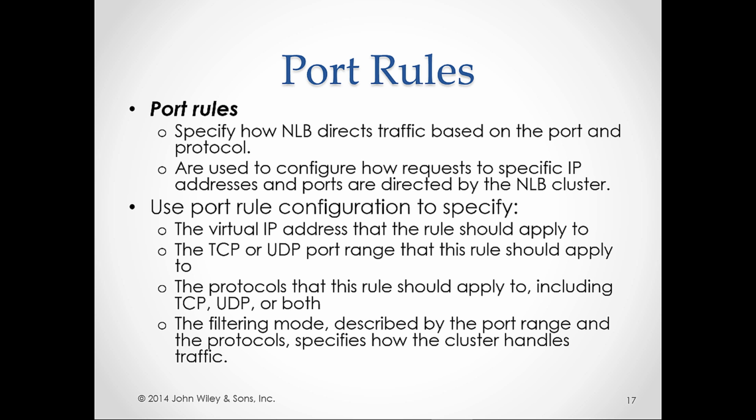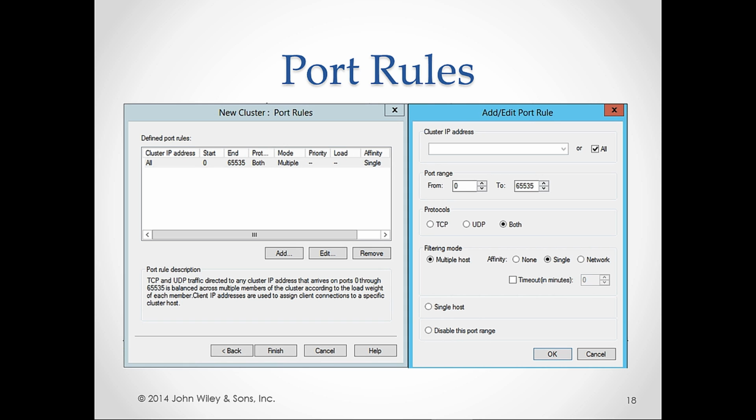So the port rule will also allow you to configure that virtual IP address, the port ranges, the protocols, and the filtering modes. So here's a great example. We can add or edit specific rules. We can do filtering based off of multi-host or single host, how we want to do the affinity, things like that.